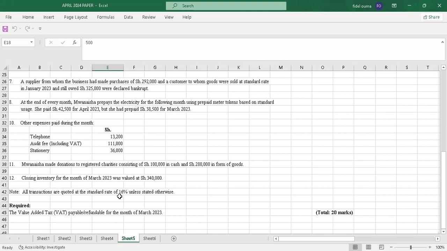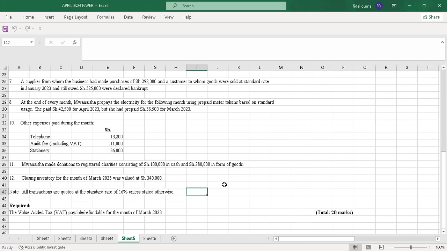So the first thing to note is that if they're quoted at the standard rate of 16%, then it means that they are inclusive of VAT. You can see under the audit fee, they're saying audit fee including VAT. So when they're inclusive, the VAT charge will be 16 over 116.